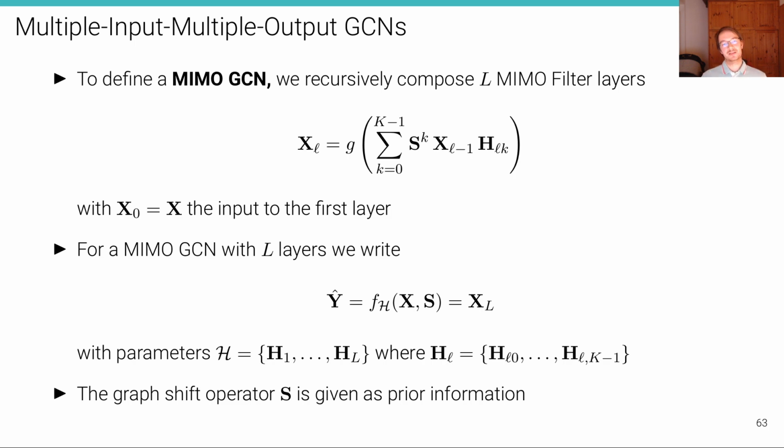Now, to define a MIMO GCN, a multi-input, multi-output GCN, we can recursively compose these L MIMO filter layers as we did before for the standard GCN, where we had just one-dimensional features at every node in the graph.